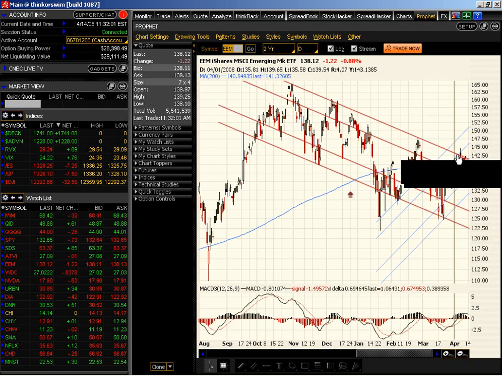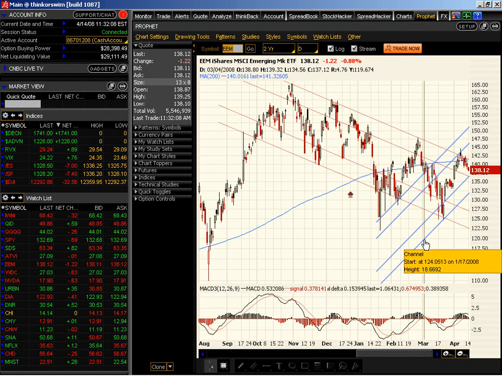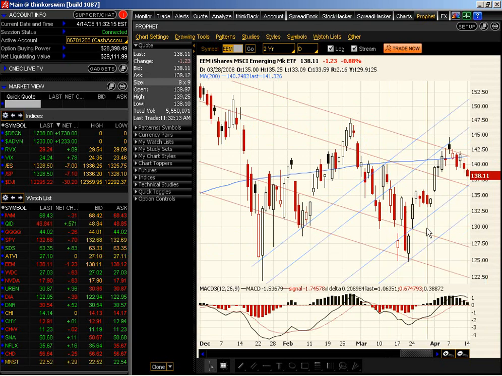So we may continue to see it trend lower. On the other hand, I've got this blue uptrend channel, just in case it changes directions. As you can see right now, it hit a high of around 144 and started to drift down over the last 4 or 5 days.